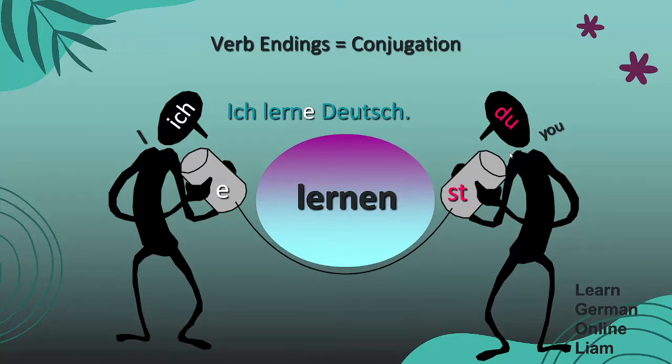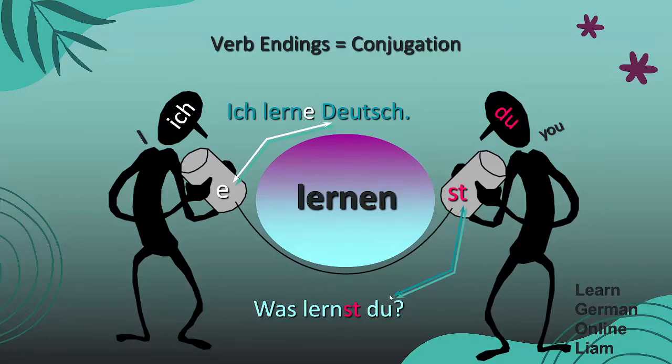And if I want to ask you something, we have already seen the ending is st. So I'll be asking, was lernst du? Whenever you see this ending, you should be able to guess whether it is second person singular or something else just by seeing the ending of the verb. And if you are provided du, you should be able to say the ending will be st.